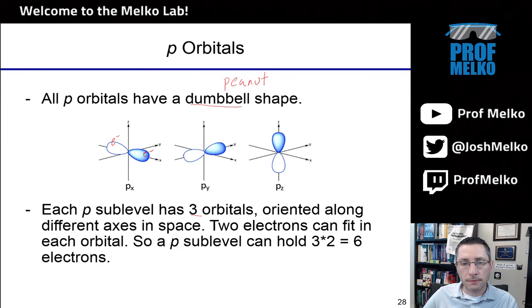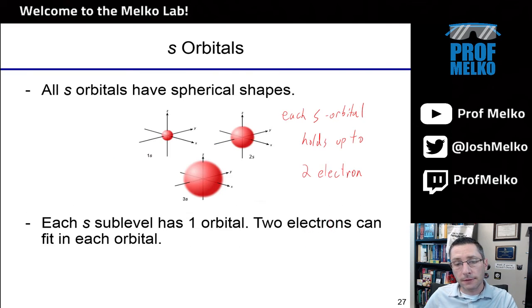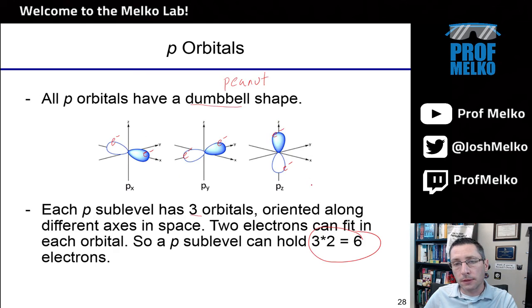So here's 2, here's 2, here's 2, and this is why the p sublevel in total holds 6 electrons. Right? Similarly, the s sublevel held 2 because there's 1 orbital which is holding 2. Here the p sublevel holds 6 because there's 3 orbitals and each orbital holds 2 electrons.